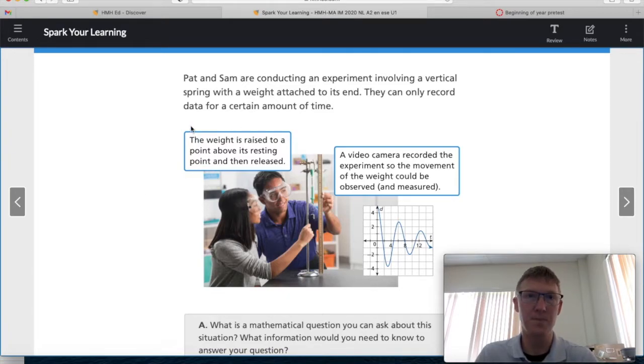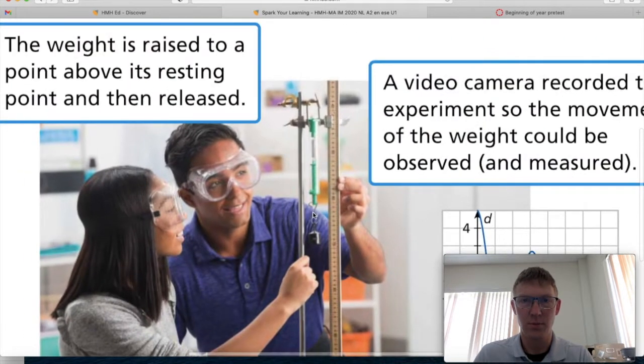specifically physics. Pat and Sam are conducting an experiment involving a vertical spring with a weight attached to its end. They can only record data for a certain amount of time. You can see the little picture right there. This is a spring, technically a spring scale, but it's a spring.